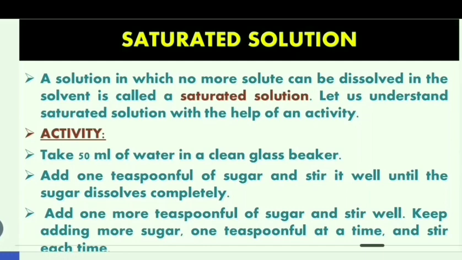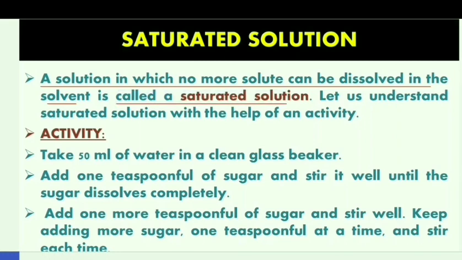Now we will see what is saturated solution. A solution in which no more solute can be dissolved in the solvent is called a saturated solution. Let us understand saturated solution with the help of an activity.